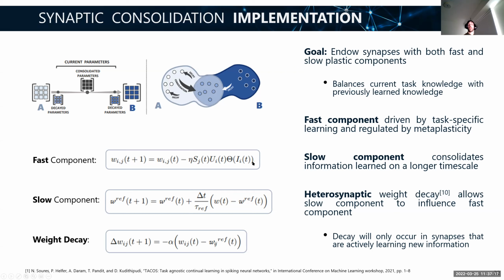So your fast weight is updated akin to how you would update your weight with backpropagation. Now we also want to give the network a slow component, which can balance the current task knowledge with previously learned knowledge. This slow component, which I'll call a reference weight, or WREF, slowly approaches the fast weight's value over time.